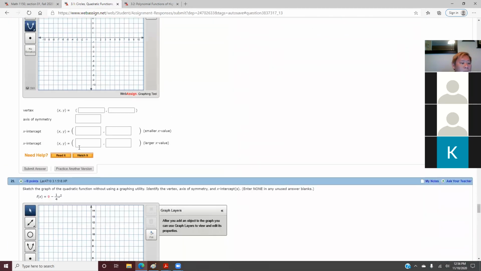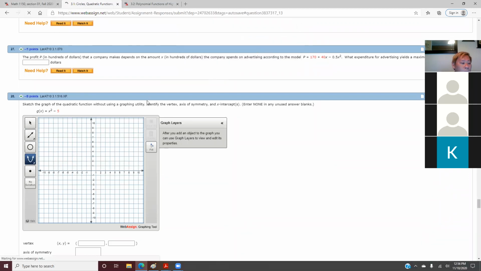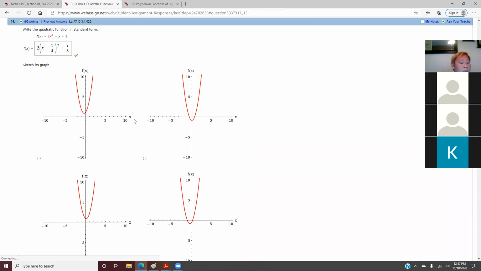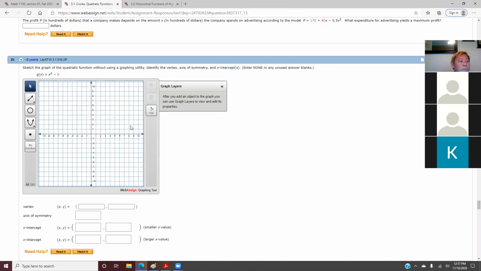Okay, something is wrong with this. Should be able to click on it. I'm going to refresh this. Should be able to click on this and then it will make a parabola of it. 29, 28. So click on this, click on -5.